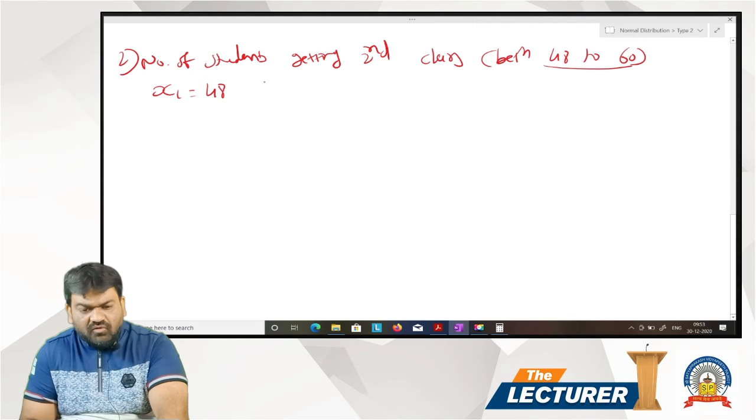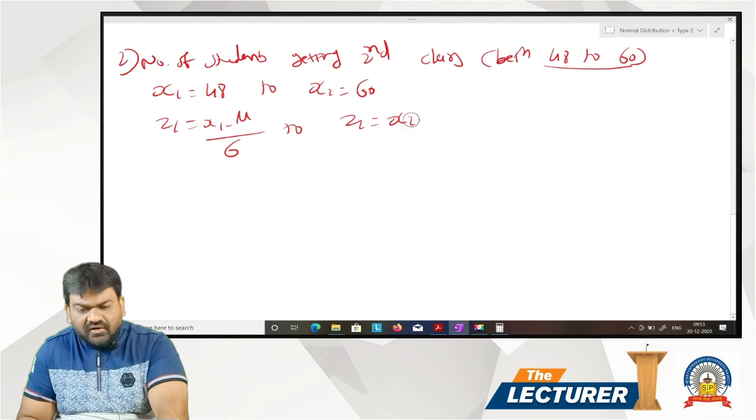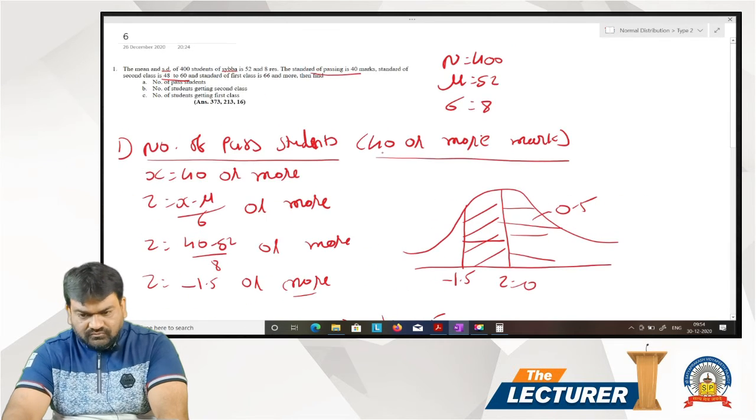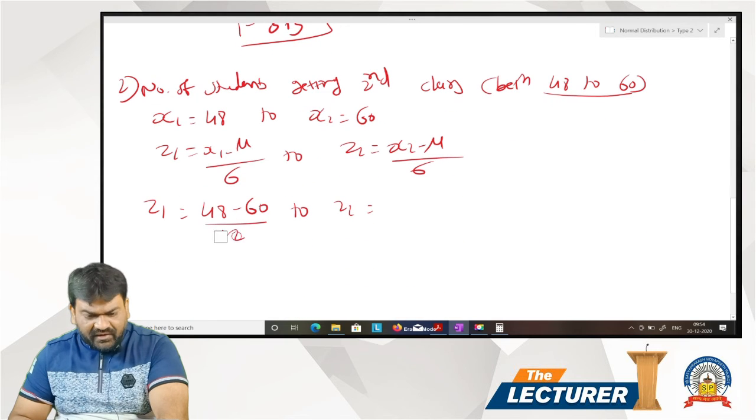x1 is equal to 48 to x2 is equal to 60. z1 is equal to (x1 minus mu) divided by standard deviation 8, to z2 is equal to (x2 minus mu) divided by 8.